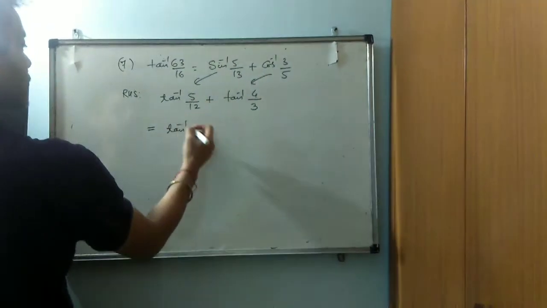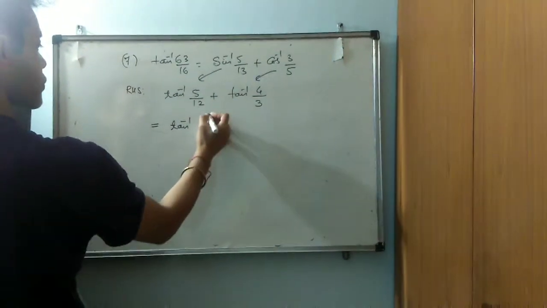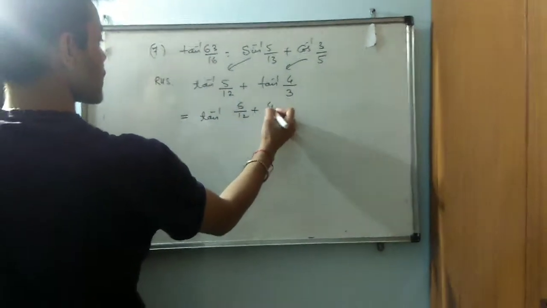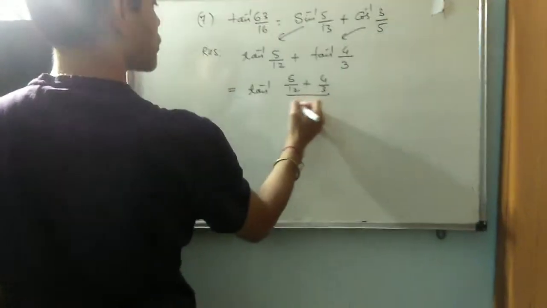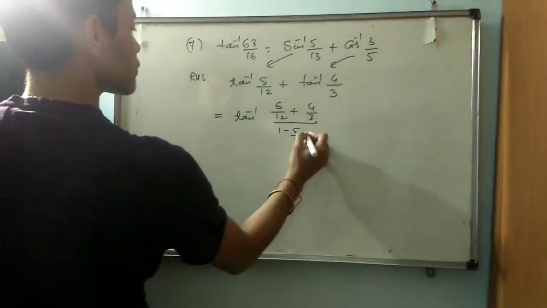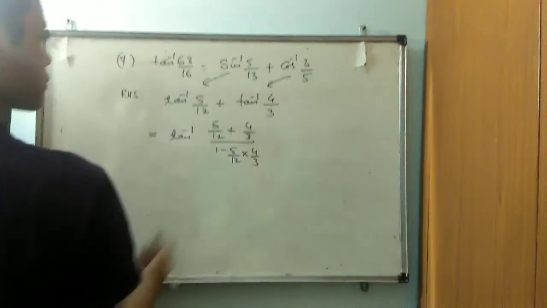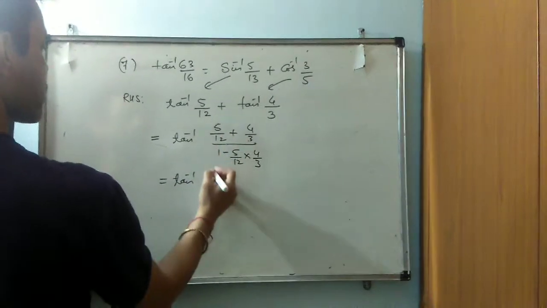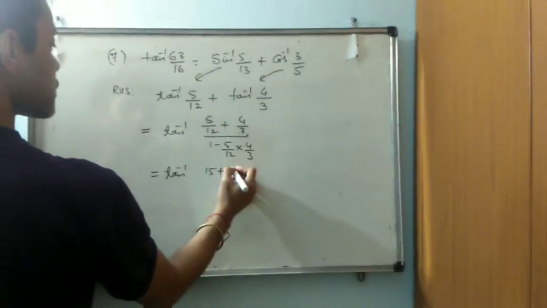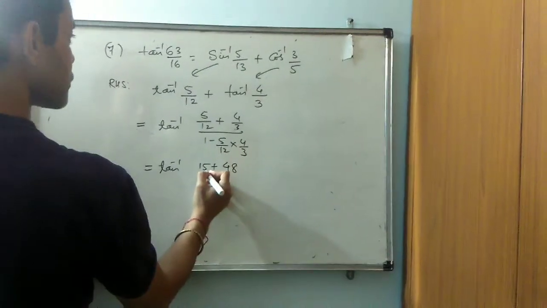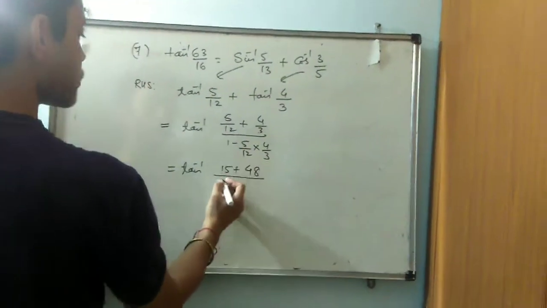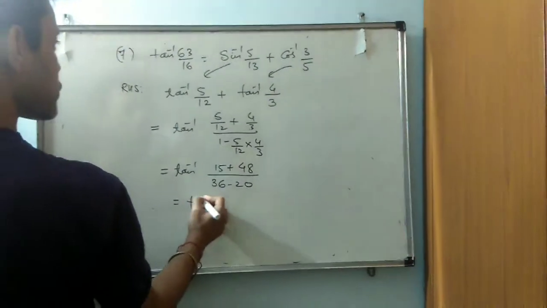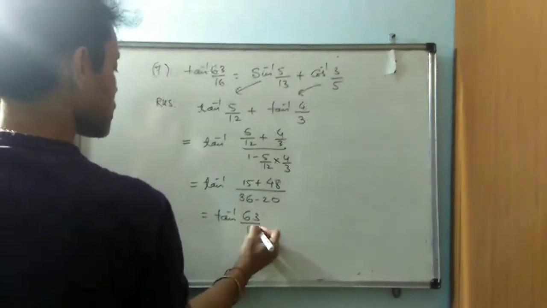Now we can easily apply the identity tan inverse x plus tan inverse y is tan inverse x plus y upon 1 minus xy. This gives us 15 plus 48 divided by 36 minus 20, which is equal to tan inverse 63 upon 16.